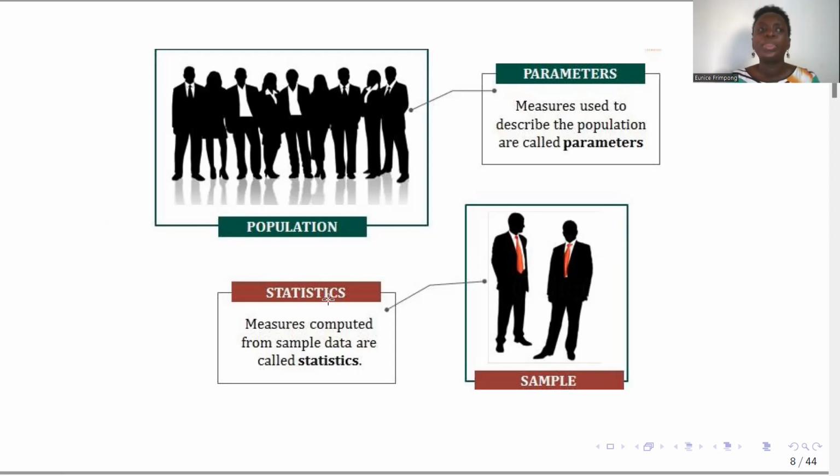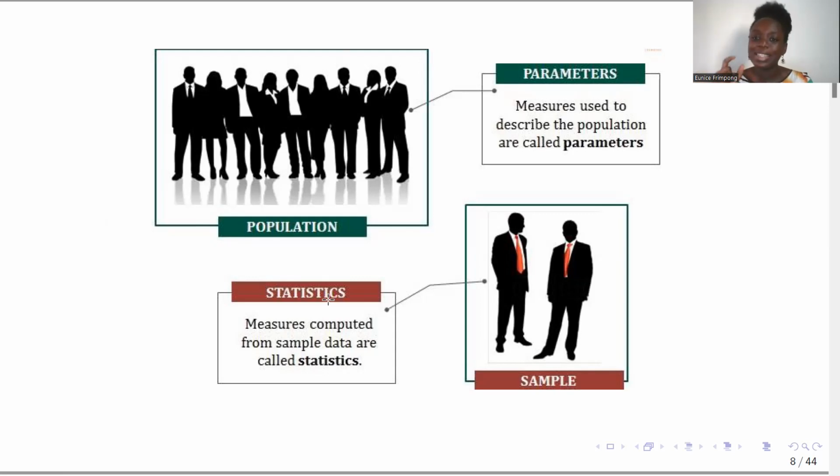Now, for example, if in your quest to understand the spending habits of Ghanaians, you think it's important for you to know the average age of Ghanaians as part of your study, once you succeed in finding the age of every single one of the 30 million Ghanaians, and you're able to find the mean of their ages, okay, that characteristic you have, the average age of all Ghanaians, is called a parameter.